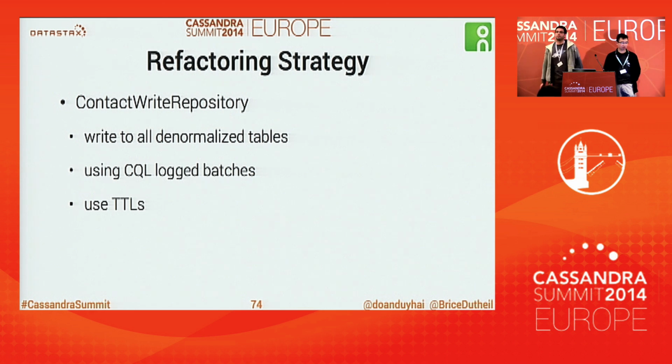For writing, repositories that write take charge of several things, like propagating the writes to all denormalizations. If there is a TTL, this repository will put the TTL, and it uses the batch statement of SQL.